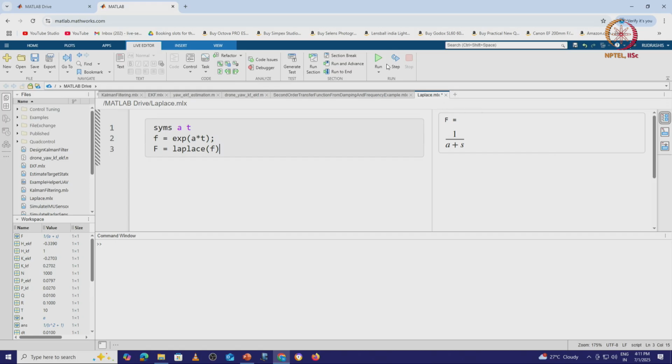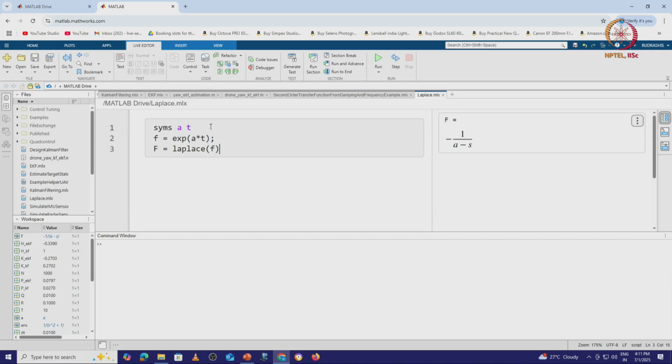If we run it, we'll see it becomes minus of 1 by a minus s, that means 1 by s minus a. You have seen in the last lecture that when we take the Laplace transform of e to the power at, then it becomes 1 by s minus a. When it is minus at, what happens? It becomes 1 by s plus a, right? Okay.